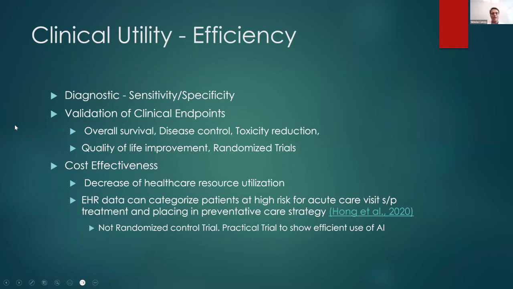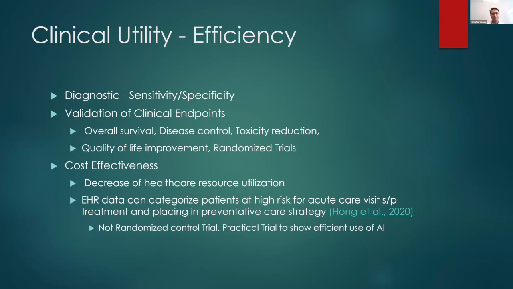And efficiency in diagnostics would be sensitivity and specificity. Once again, hammering home the point that these tests have to work. And it's not only important to make sure the tests can be accurate, but they have to result in clinical endpoints. They have to create changes for disease control, which would be overall survival or toxicity reduction, quality of life improvement, and cost effectiveness.